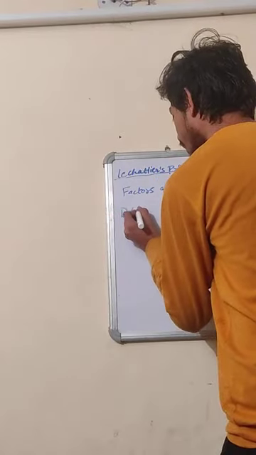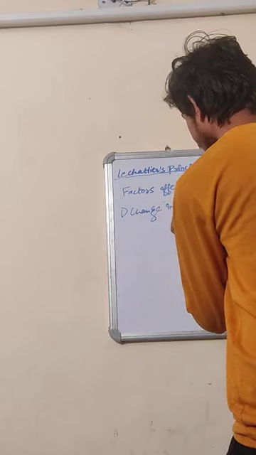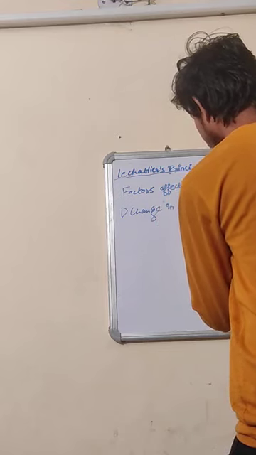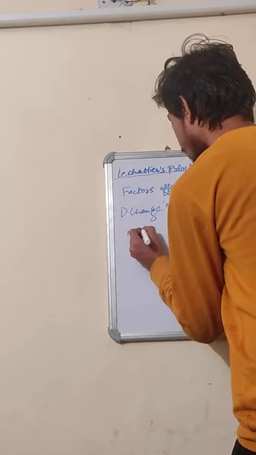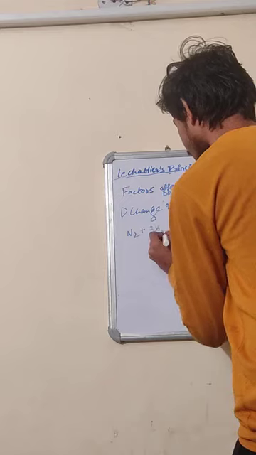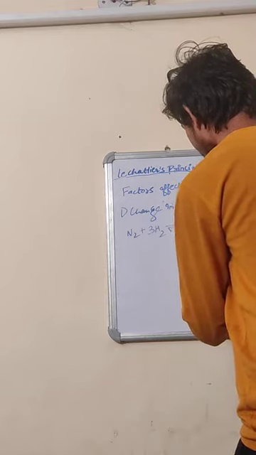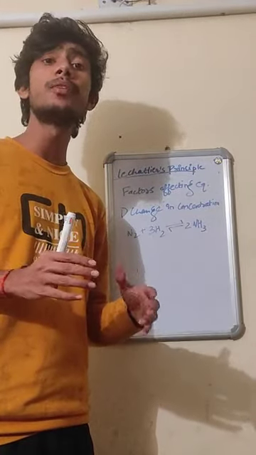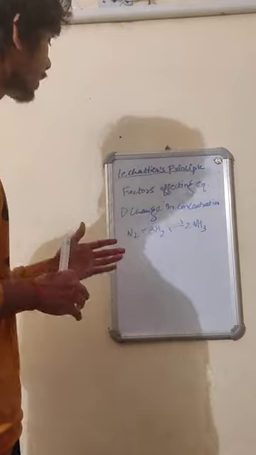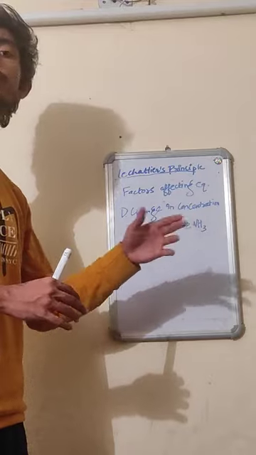First, let me write about change in concentration. Let's take an example. As we can see, Le Chatelier's principle works on reversible reactions. Here we have taken the formation of ammonia from N2 plus 3H2, which gives 2NH3.